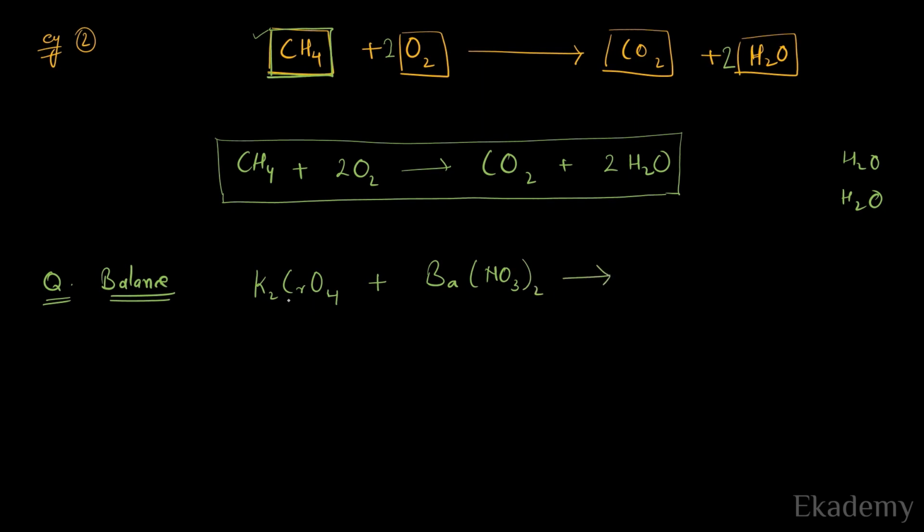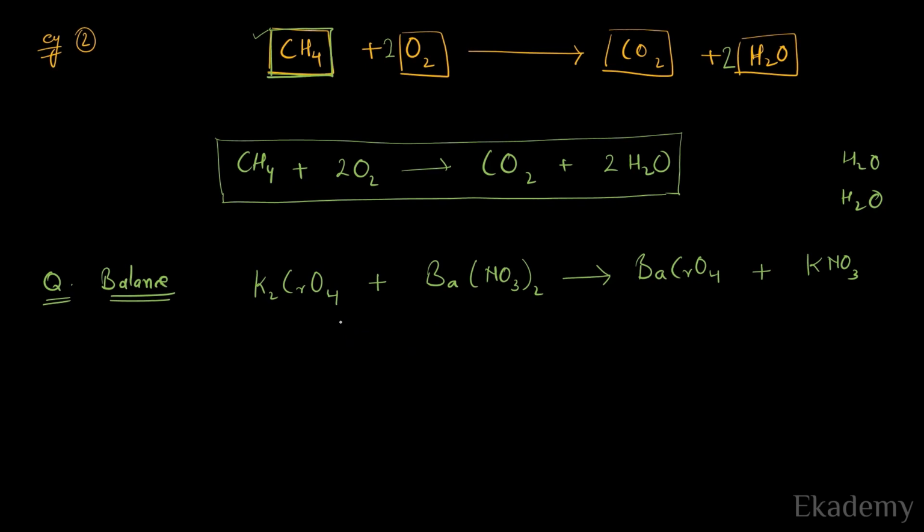When potassium chromate reacts with barium nitrate, it forms barium chromate, BaCrO4, and potassium nitrate, so KNO3. Okay. So now try to balance this using the same logic that we used in the previous two examples.